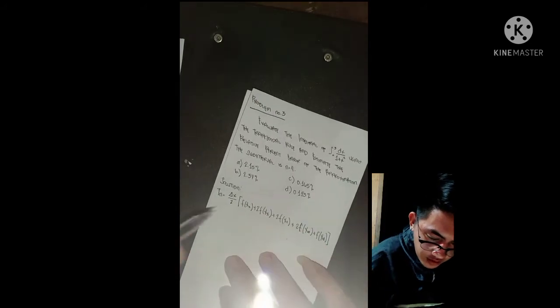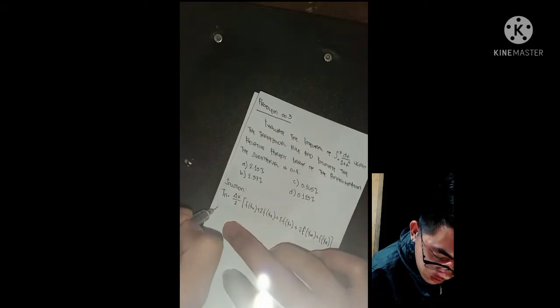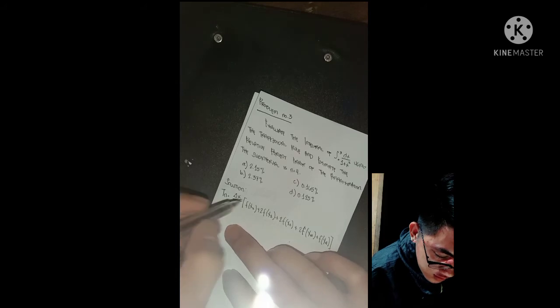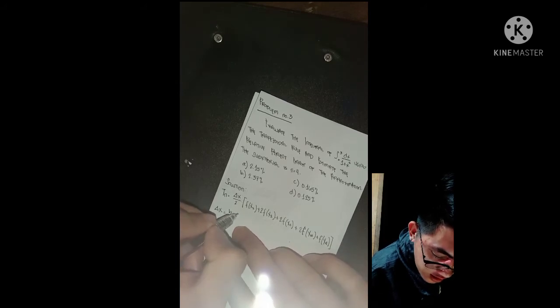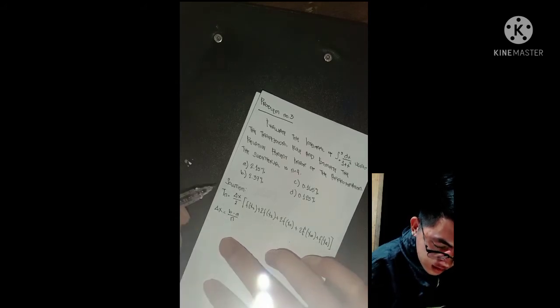The width of our interval is delta x is equal to b minus a all over n.